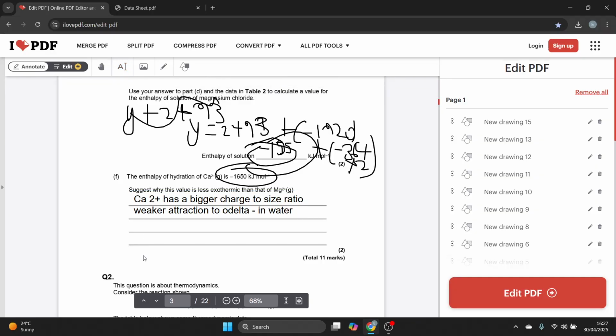Ca2+ has a bigger charge to size ratio than Mg2+. Weaker attraction.